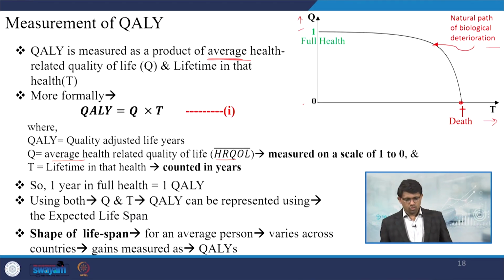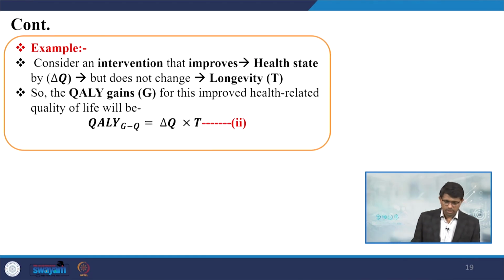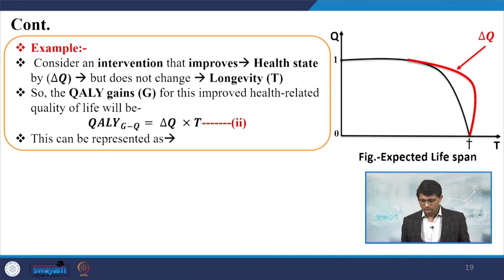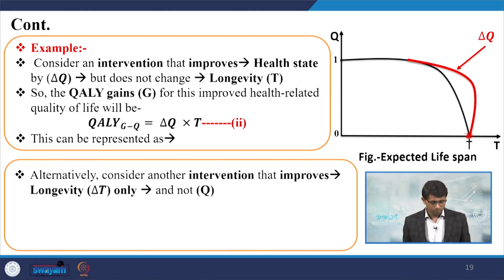Yes, so let us move further. Here is how it improves. Given that T is not changing, when we intervene through the change in Q, our lifespan might be shifted and improved.